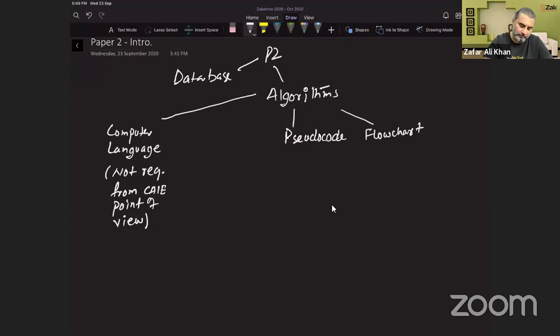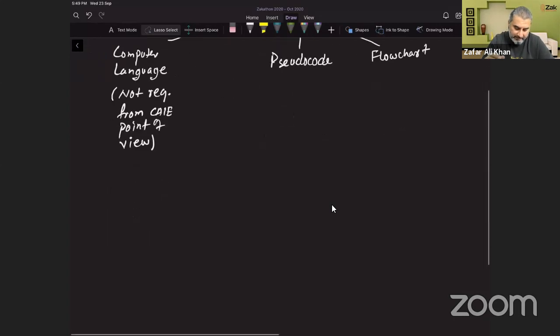Now pseudocode. Pseudocode, as far as this O level is concerned, is required to be written for basic constructs. Now, what are constructs? Let's see first.